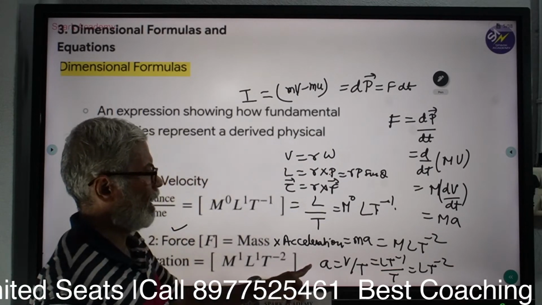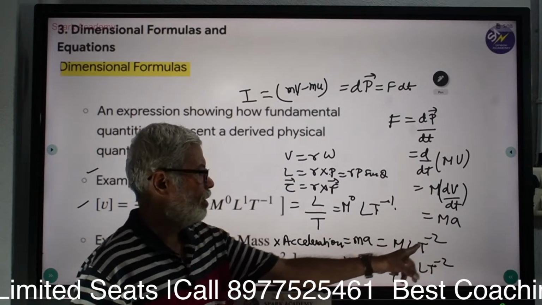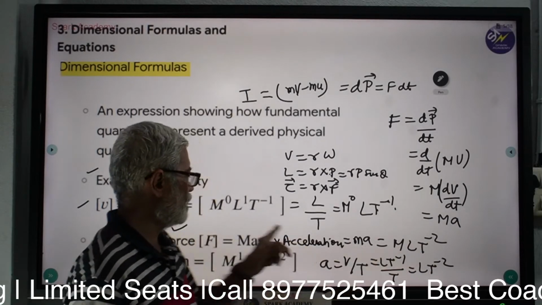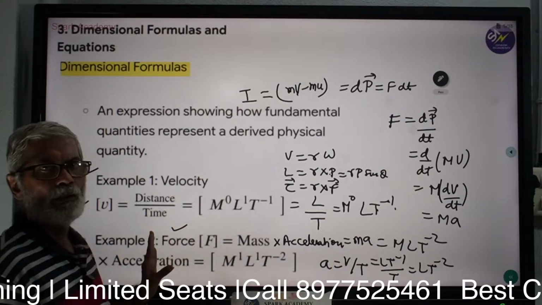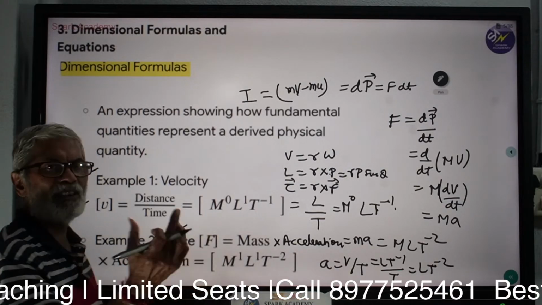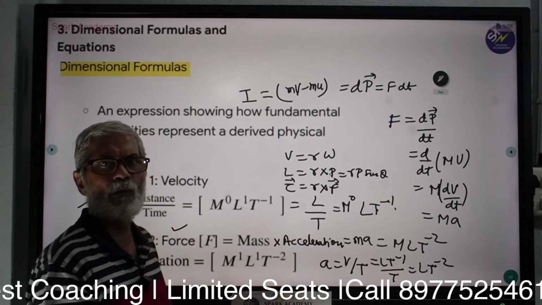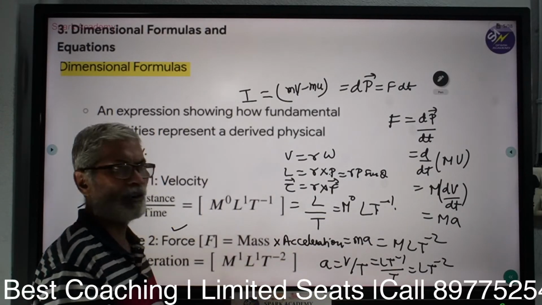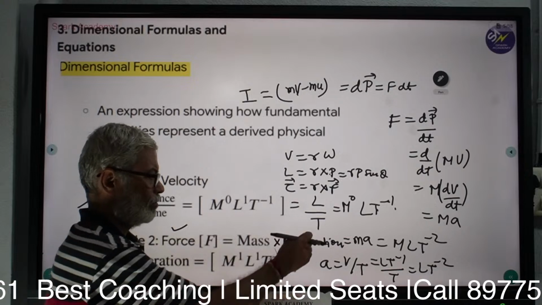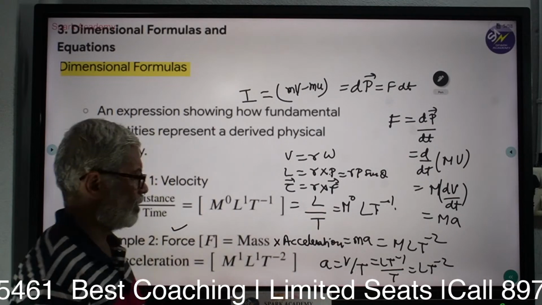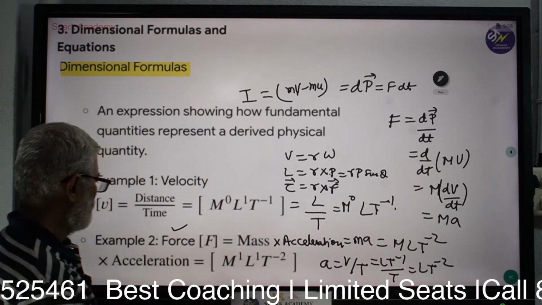Okay, the dimension for acceleration is L T minus 2. So M into L T minus 2 is the dimension of force. Force is one physical quantity, acceleration is also one physical quantity, M is also one physical quantity. You put them together and calculate, and you will get it.